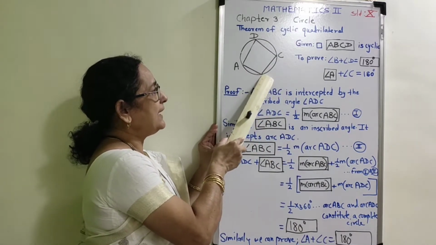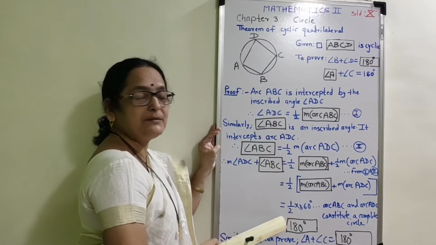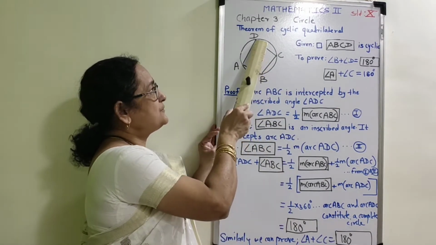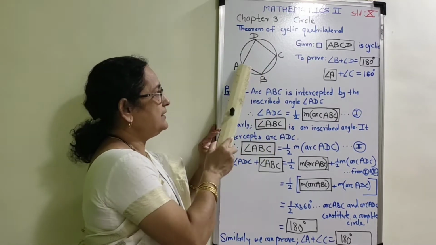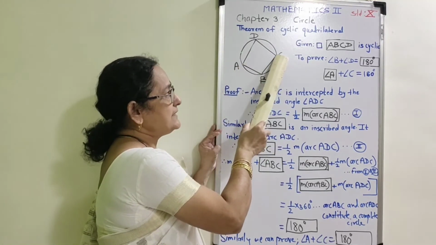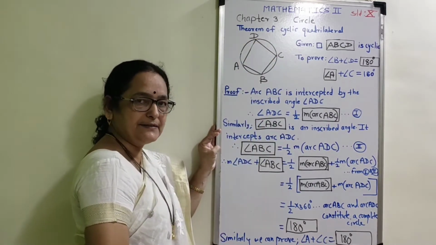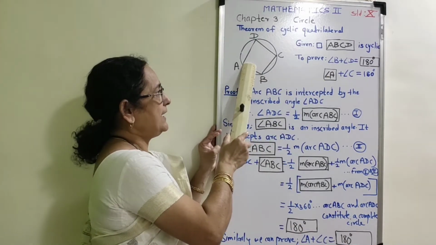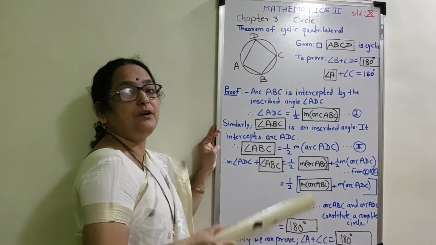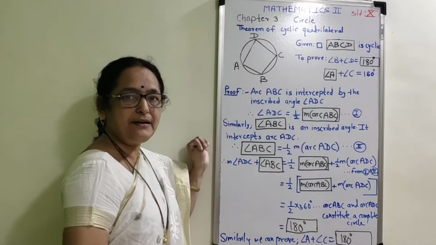But we know that angle B plus D is equal to 180 degrees from the first part of the proof. Therefore, substitute 180 degrees instead of B plus D. Therefore, angle A plus angle C plus 180 is equal to 360 degrees. Now transpose 180 to the right hand side, and we get angle A plus C is equal to 360 minus 180, which is equal to 180 degrees.